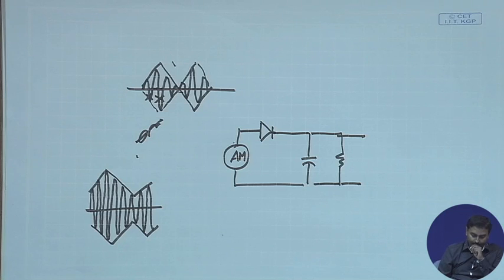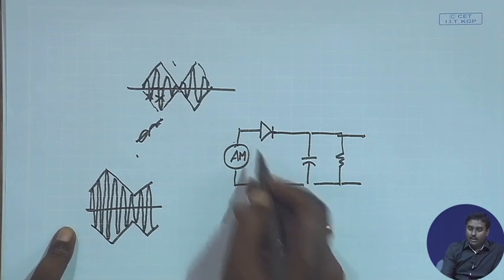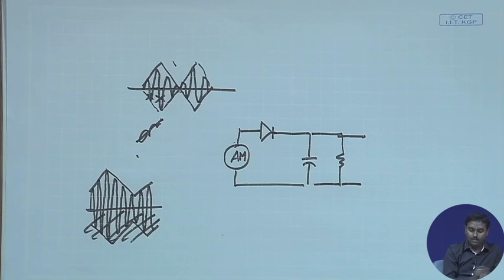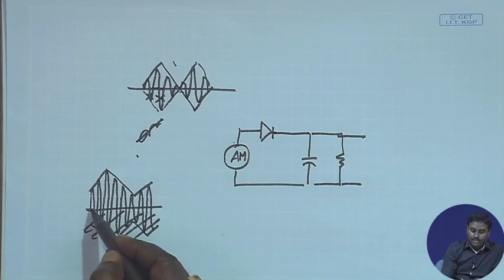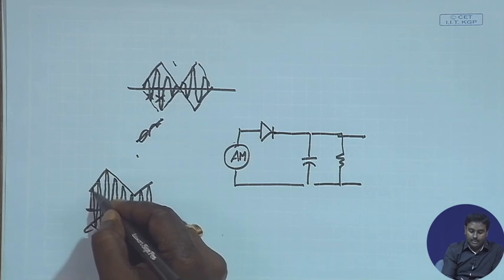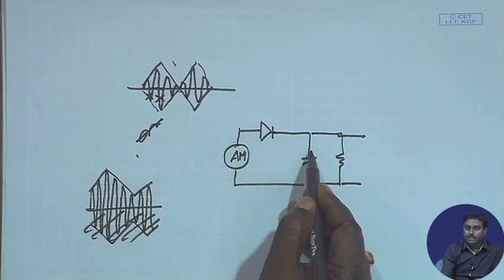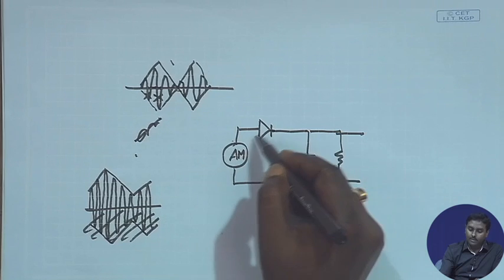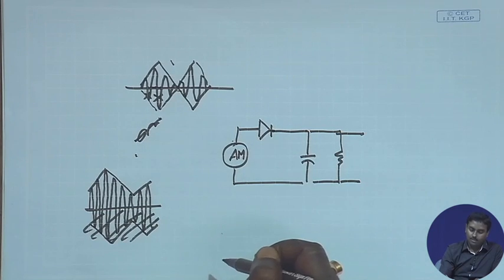Now whenever it passes through the diode, I will just be getting rid of the negative part, so I will be getting this positive half, and whenever the diode is on, this will pass through it, and this capacitor will get charged through this.